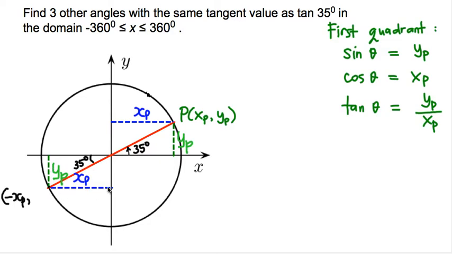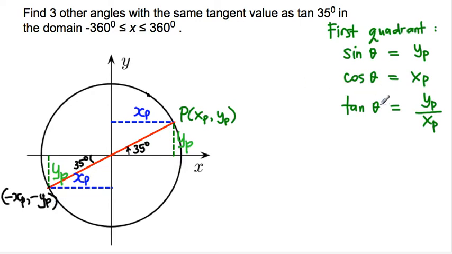However, since we are now on the negative side of y-axis, then I know that the y coordinate of the other terminal point is going to be negative yp as well.